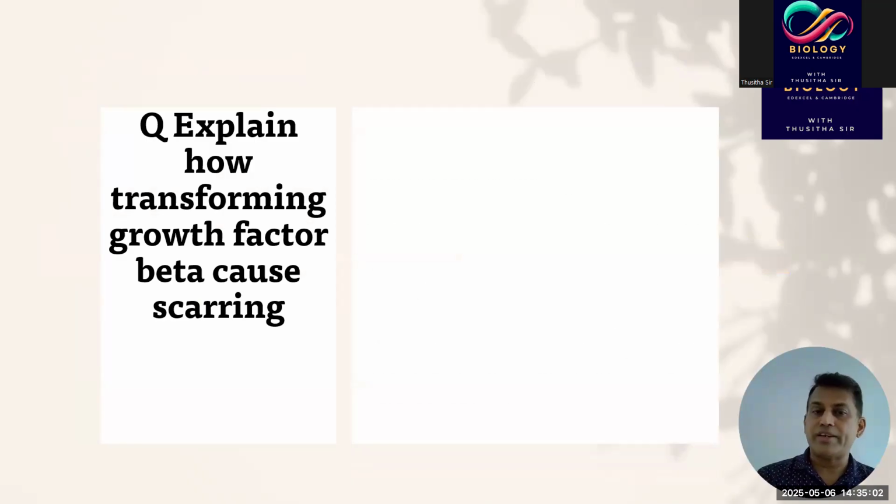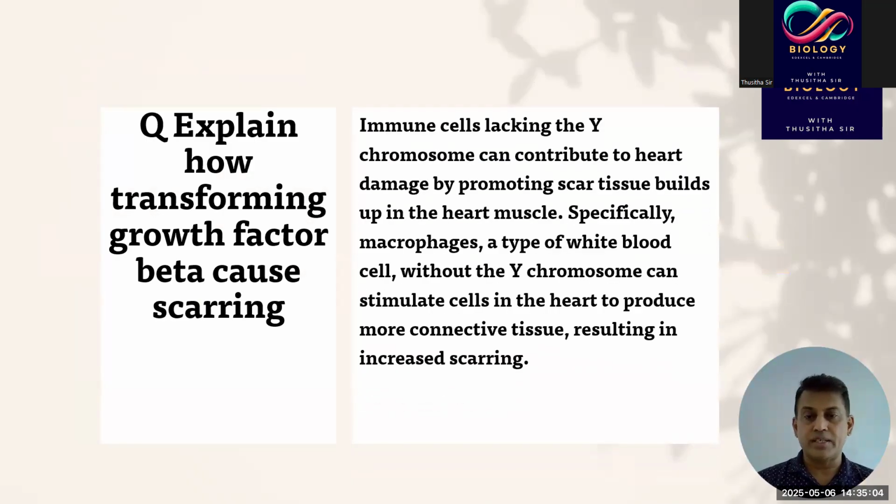So you will write your answer. Immune cells lacking Y chromosome can contribute to heart damage by promoting scar tissue building up in heart muscles. Specifically, macrophages, a type of white blood cell without Y chromosome, can stimulate cells in the heart to produce more connective tissues, resulting in increased scarring.